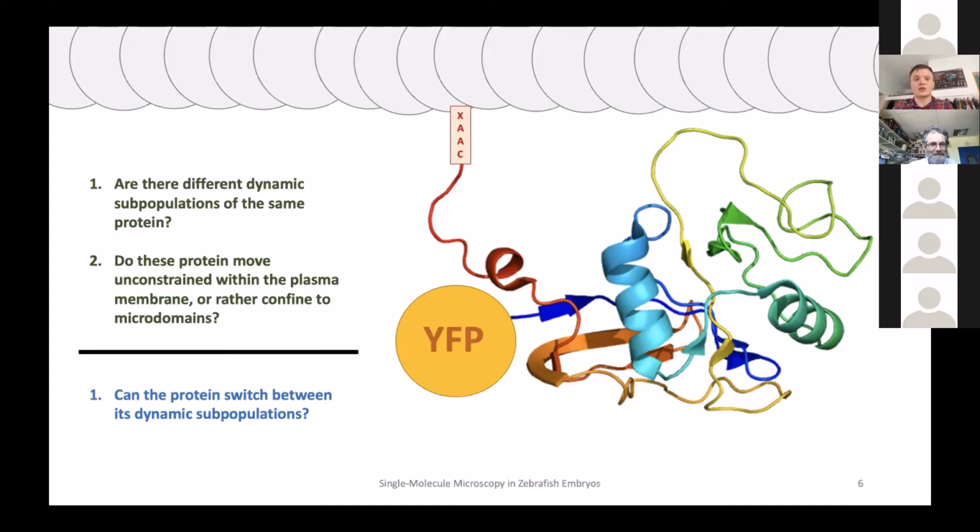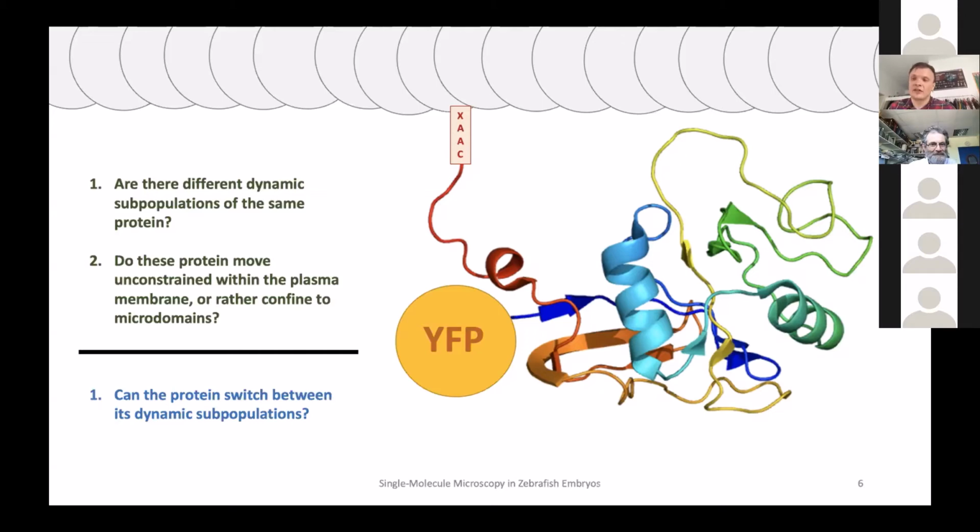We also want to see if those molecules move within the entirety of the lateral membrane, or are confined to certain areas, so that their movement is restricted by certain obstacles. That we do with one single molecule microscopy technique, which I'm going to move to in the next slide.